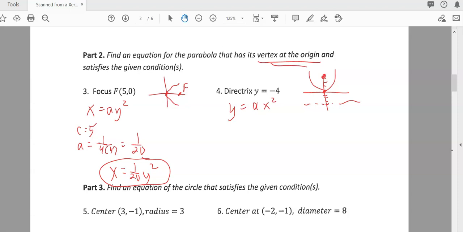I'm using those formulas. So the c value there is positive 4. So c equals 4, which means a equals 1 over 4 times c, which is 4. So a equals 1/16. So my equation is y equals 1/16 x squared.